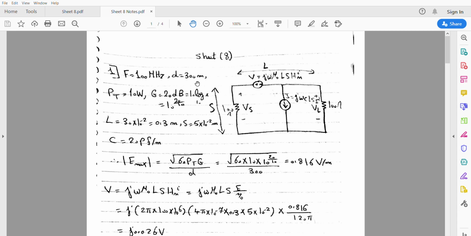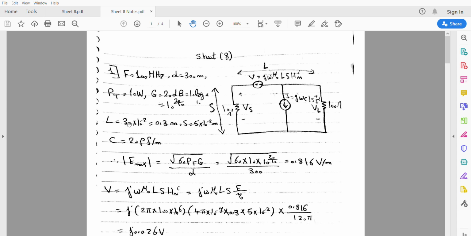From the givens, the question gives us a frequency equal to 100 MHz and the distance is equal to 300. The power transmitted from the antenna is equal to 10 watt. The gain is equal to 20 dB, and now we need to convert it to absolute value, which is equal to 10 power 20 over 10.